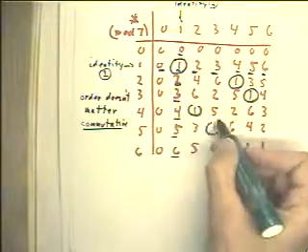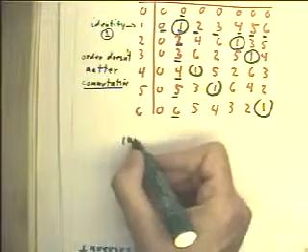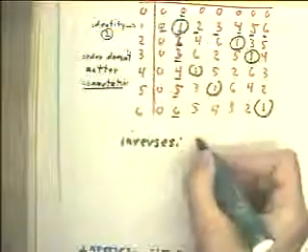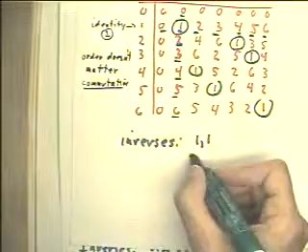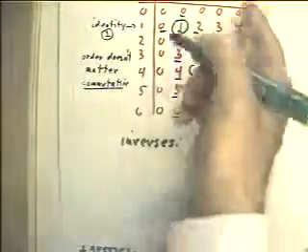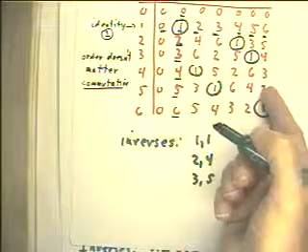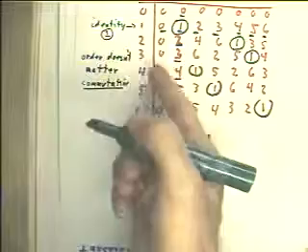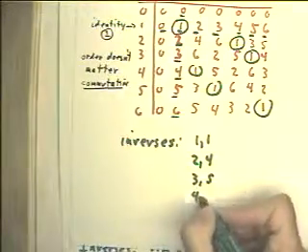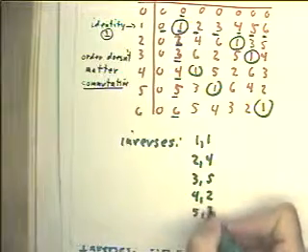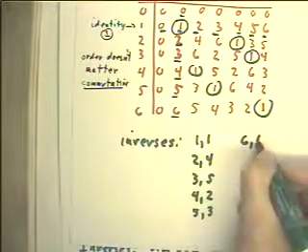We see that 1 does appear in every row, so we have a lot of pairs of inverses. 1 and 1, 2 and 4, 3 and 5, 4 and 6, 4 and 2, 5 and 3, and of course 6 and 6.